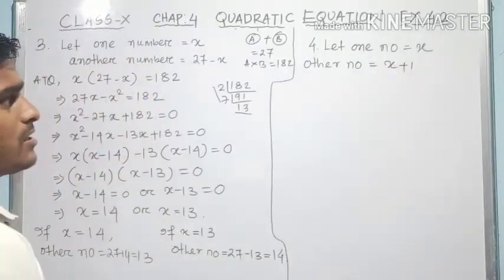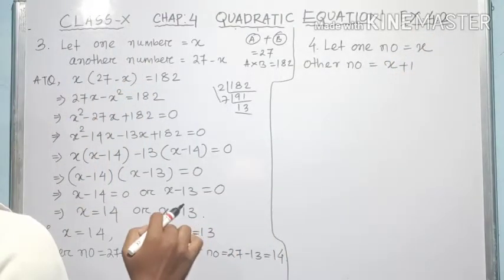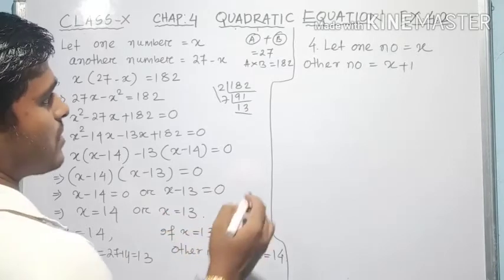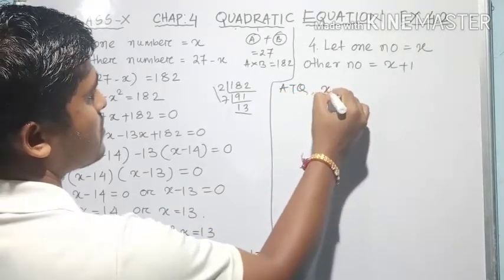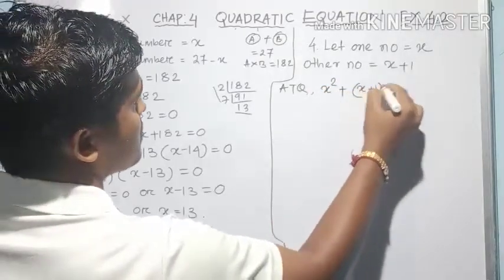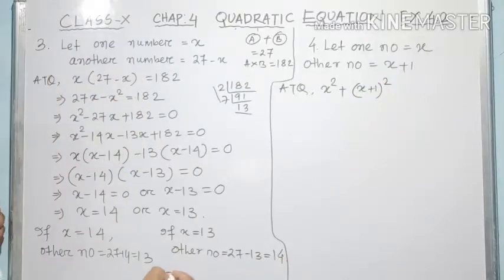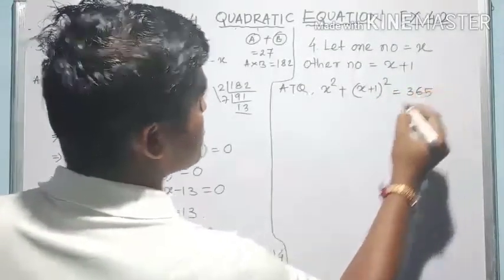It is given that the sum of their squares is equal to 365. So according to the question, x square plus x plus 1 whole square is equal to 365.